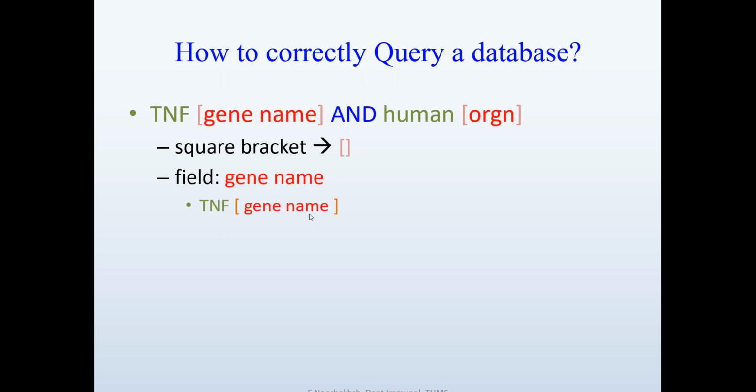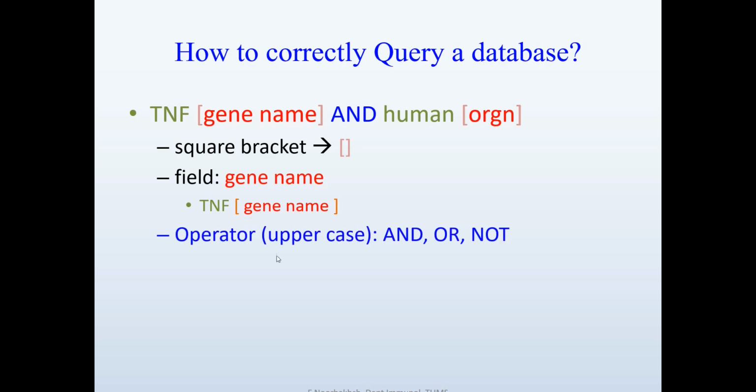So that would become TNF, open square bracket, gene name, close square bracket. So this would tell the search engine that I'm looking only for entries whose own name is TNF, and I'm not looking for TNF related factor or TNF receptor or things like them.